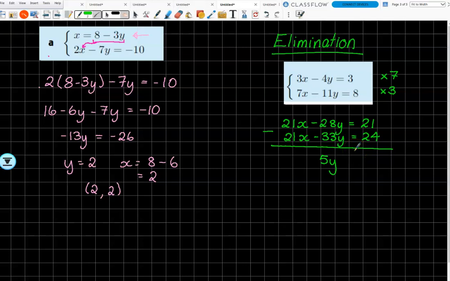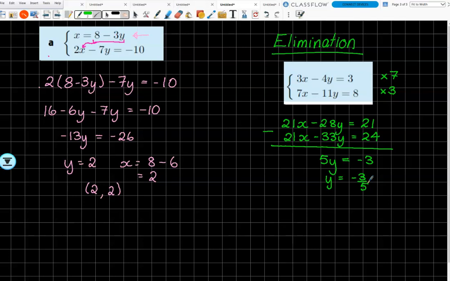If you're nice and neat, we're only really dealing with the y's. And 21 take 24 is negative 3. So we get y is minus 3 over 5.